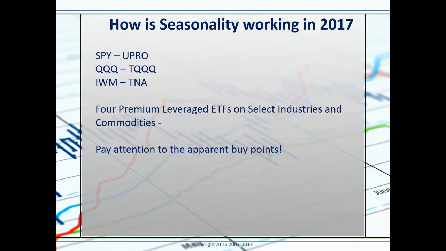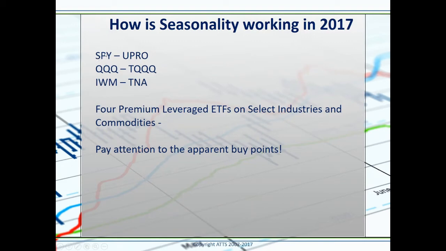Well, at the Active Trend Traders, we track basically 7 entities. The 3 of them are the tracking indexes that we track on a regular basis, which is the SPX, the NASDAQ 100, and the IWM, which is the Russell.